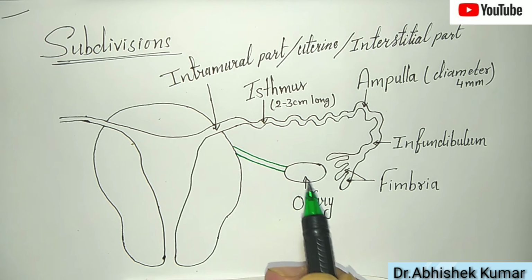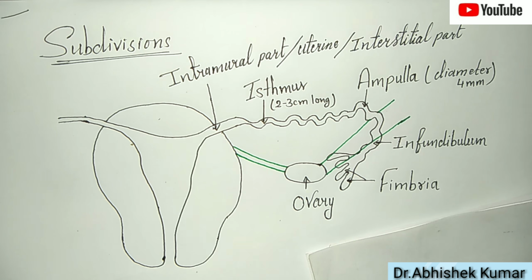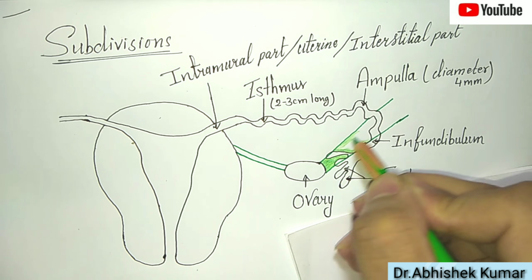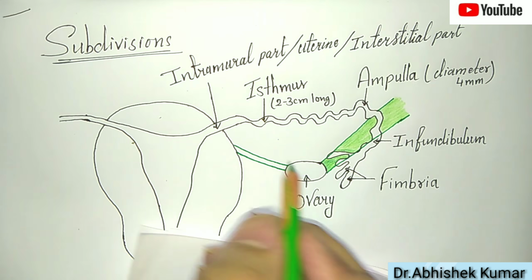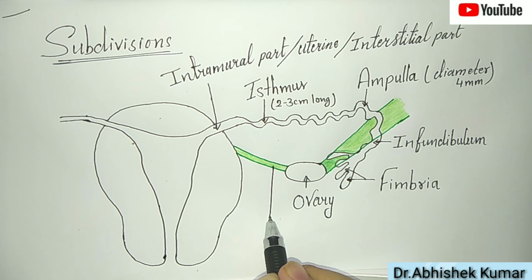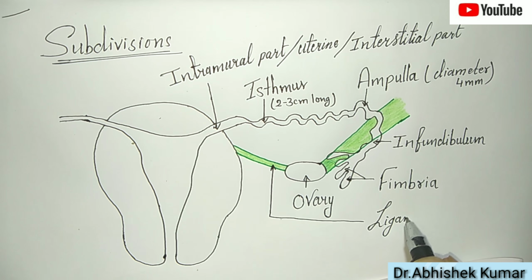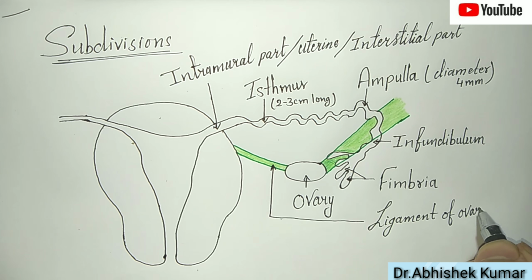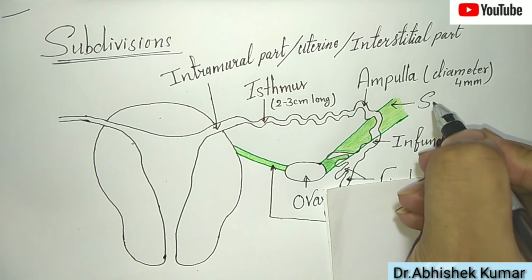Here is the ovary. Now in green color, this is the ligament. I am coloring all the parts so it will be very clear. In green color, I am labeling the ligaments, so it will be easy to remember also. This ligament is called the ligament of the ovary. You can see it is attached to the ovary. So it's very simple, ligament of the ovary.